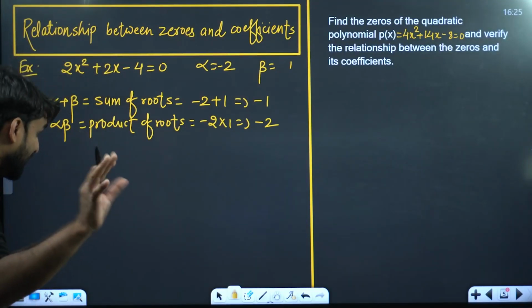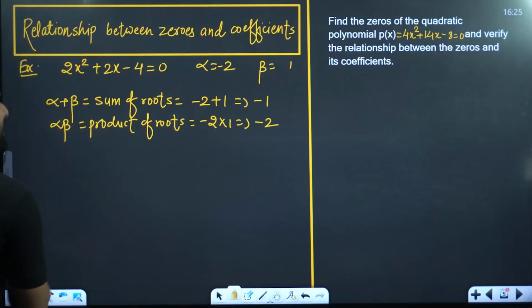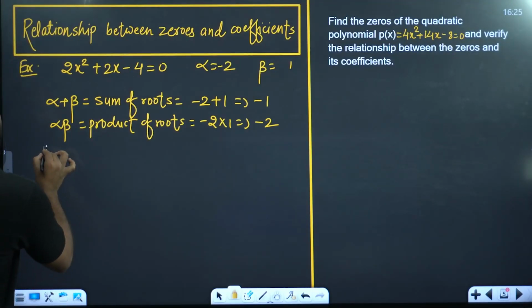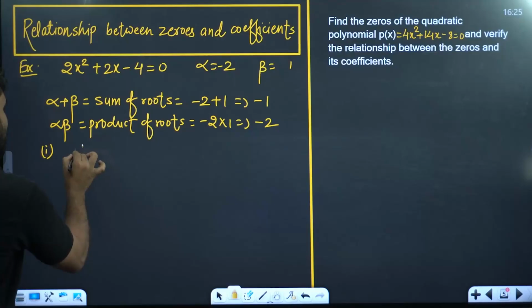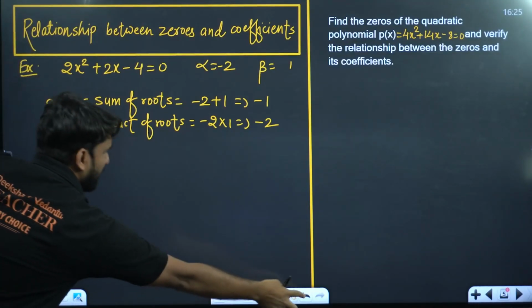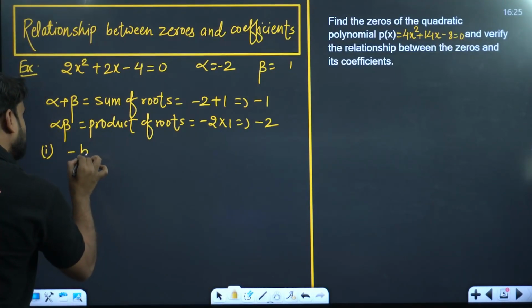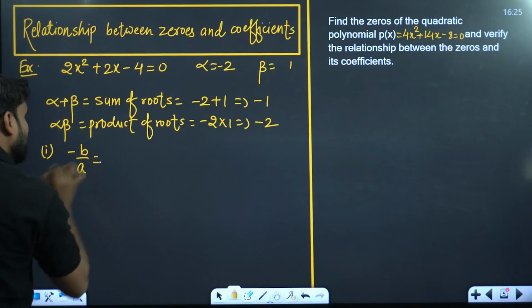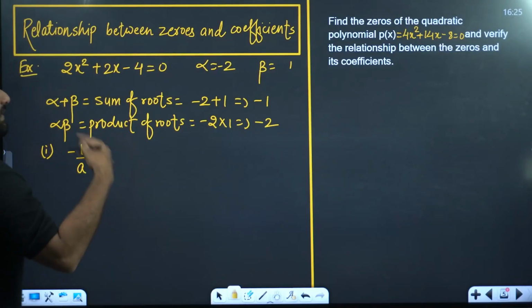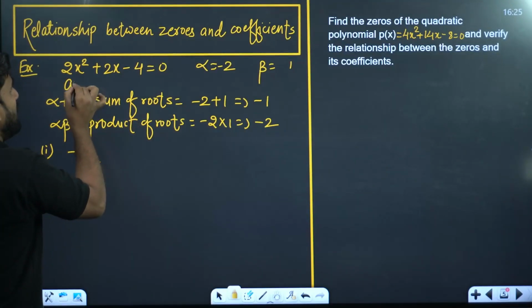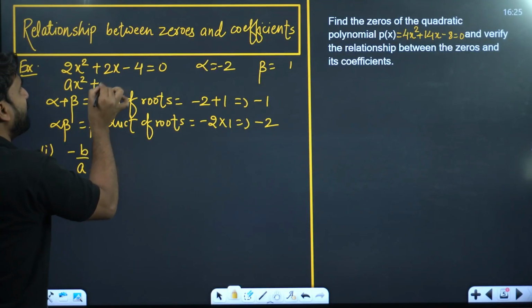Now, have patience, wait. My dear champion, if I ask you to find out minus b by a, do one thing, find out minus b by a. First of all, where is b? We all know the general format of a quadratic equation.